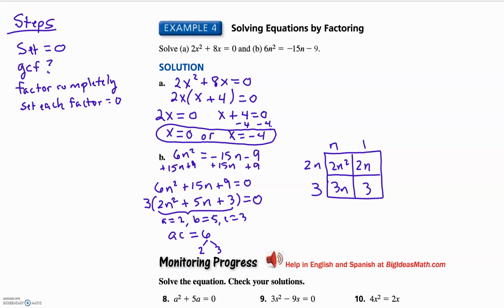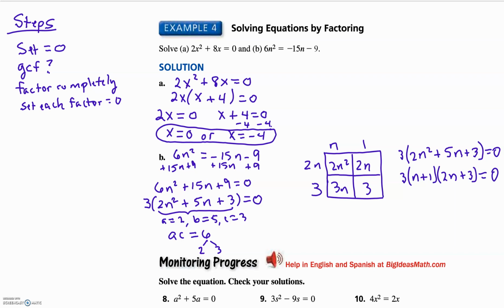Okay, so that means my 2n squared plus 5n plus 3 is going to factor as n plus 1 times 2n plus 3.